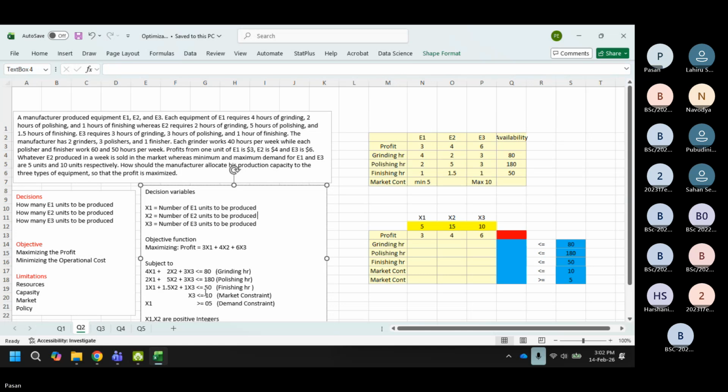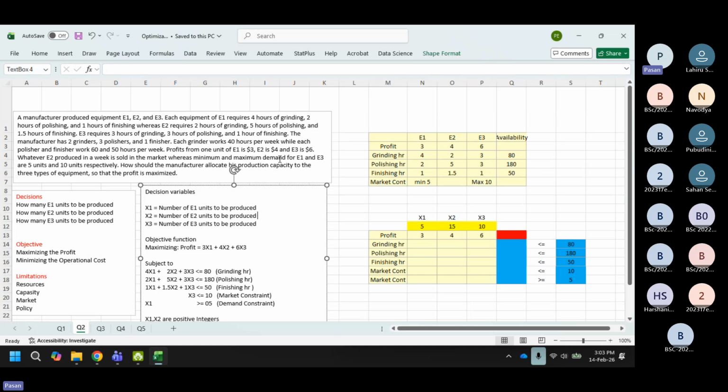Now there is another restriction here. These are the three restrictions that we have, right? Then whatever the E2 produces, they can sell. But the minimum and maximum demand for E1 and E3, you can find out, is 5 units and 10 units, indicating minimum and maximum respectively.